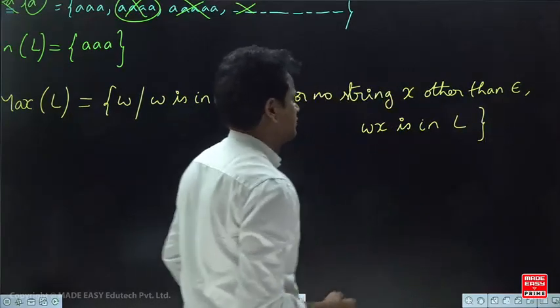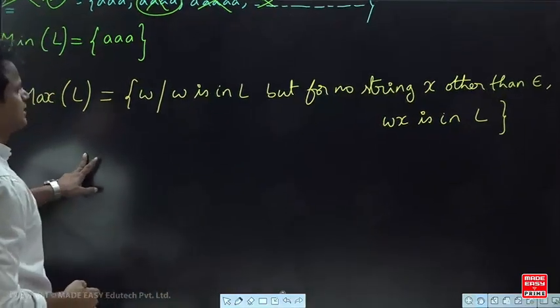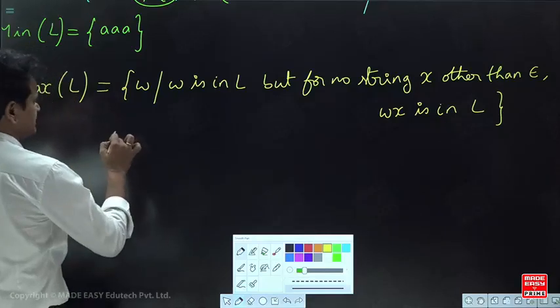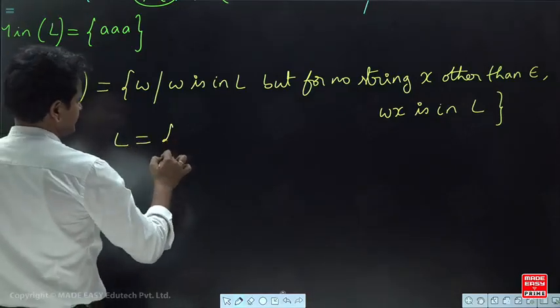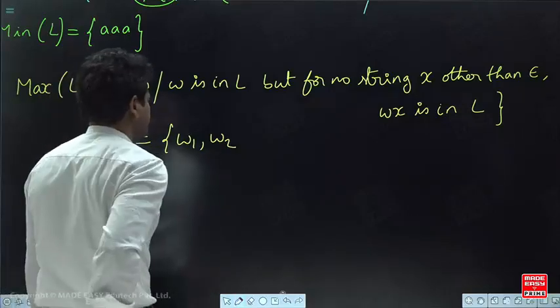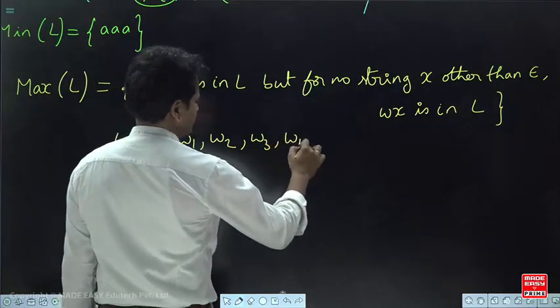Okay, now look at this one. What is the meaning of this? Suppose in general I am explaining. Take a language W1, W2, W3, W4, and so on.